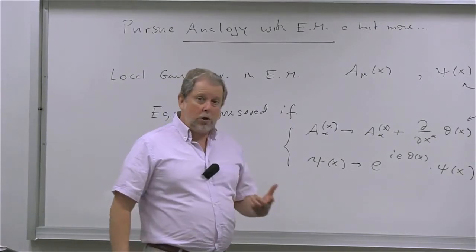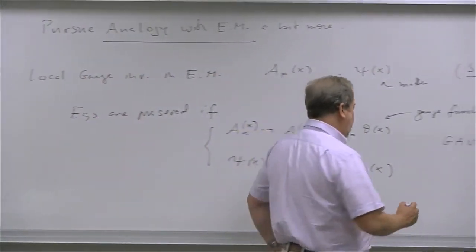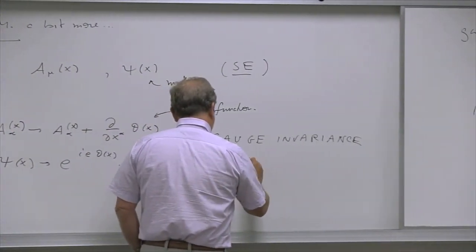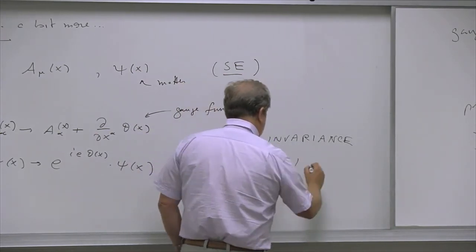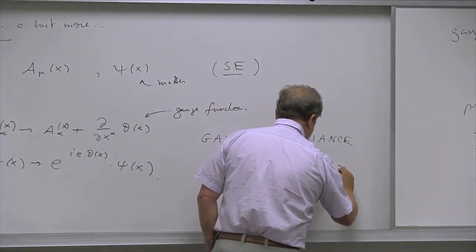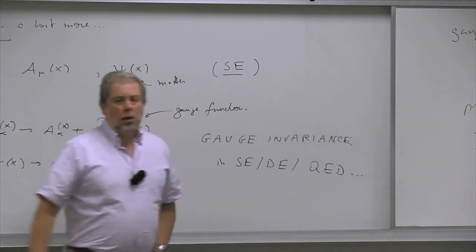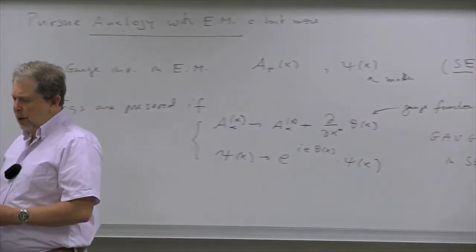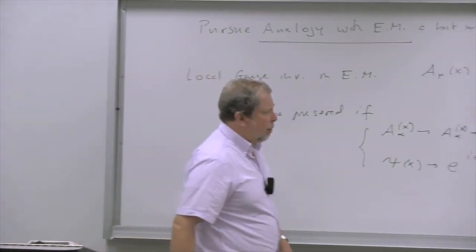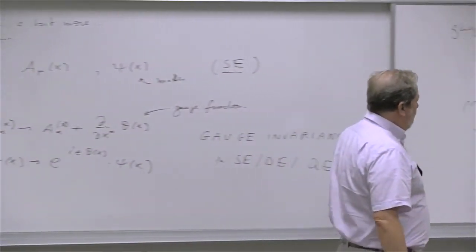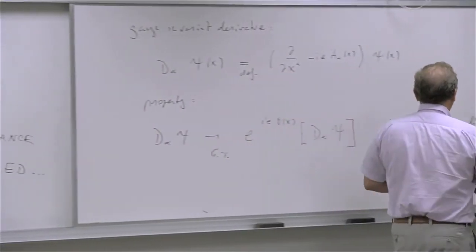And so this suggests, given gauge invariance in the Schrödinger equation, in the Dirac equation, and in QED, that in gravity we're having the same thing. And that this replacement that we do here is similar.